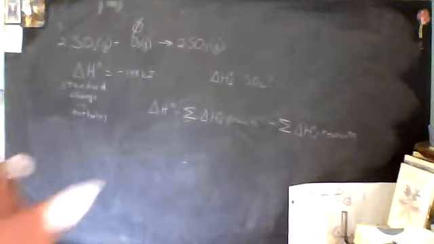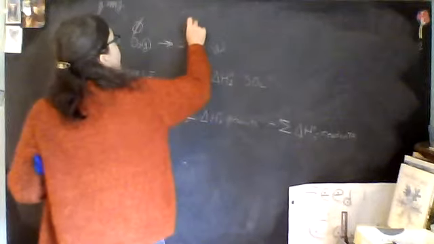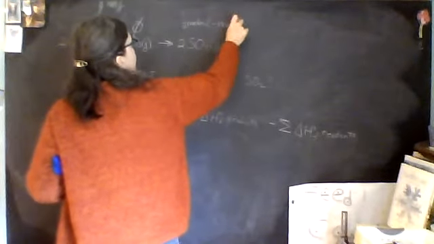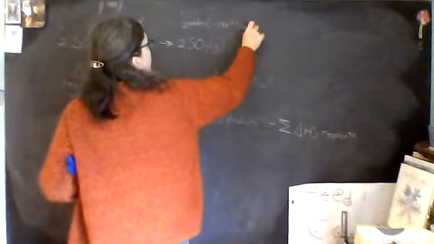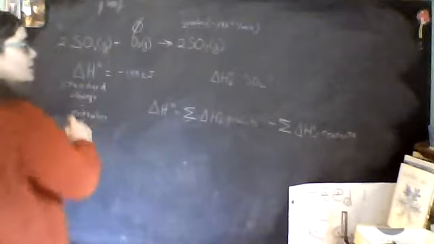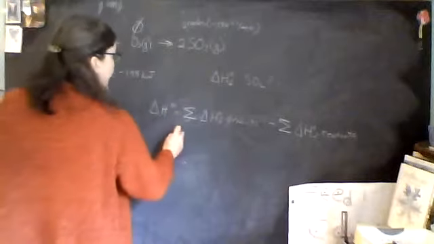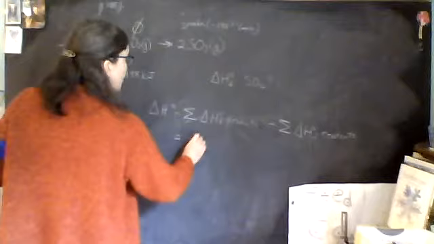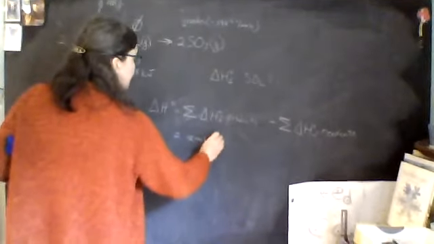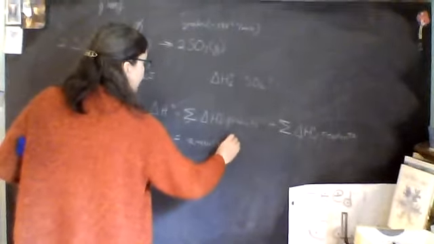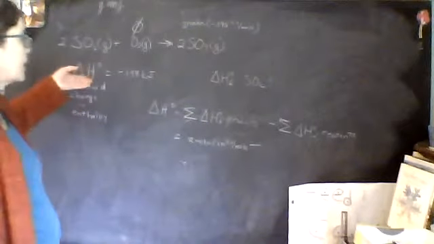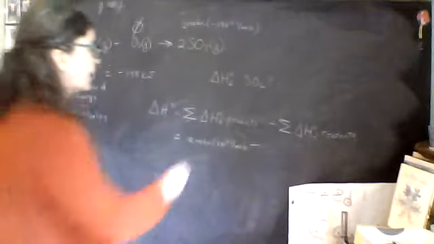Yeah. SO3 gas is negative 396 kilojoules per mole. Okay, so that is our product. There's only one product. So it's going to be equal to 2 moles times negative 396 kilojoules per mole, minus 2 moles times whatever this is.